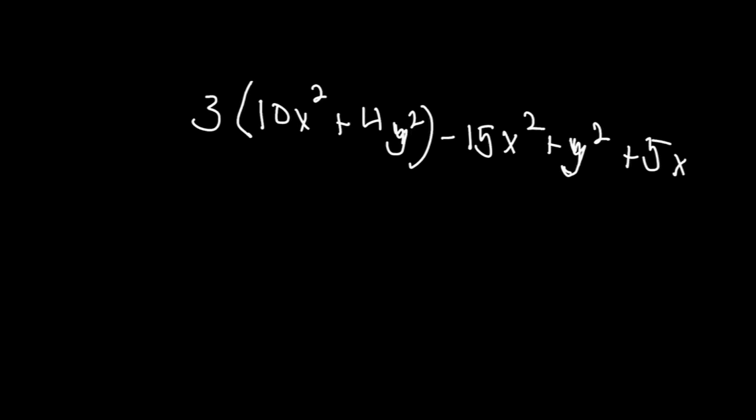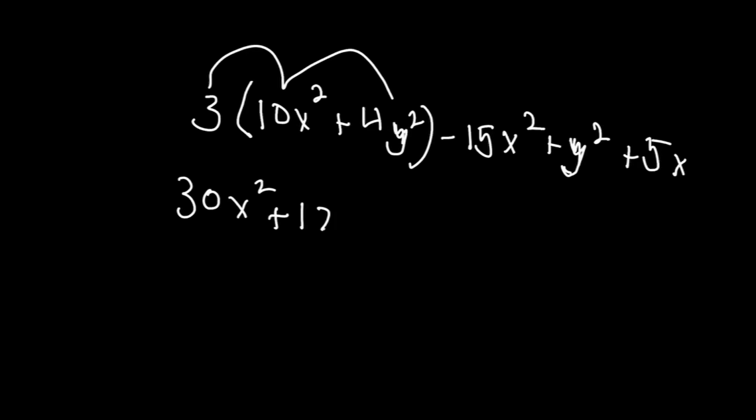Okay, so first thing we have to do is we have to multiply this 3 out of the parentheses, so then I can get to my like terms and start combining them. So I'm going to multiply that 3 out. So I'm going to get 30x squared plus 12y squared minus 15x squared plus y squared plus 5x.